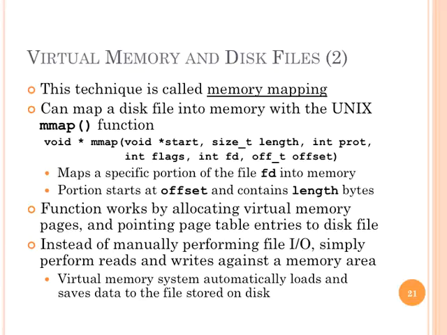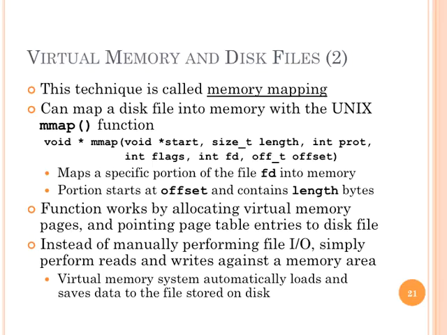When I want to read parts of the file, I just do a memory access. The virtual memory system automatically loads that data into memory, and I can just access it. And if I want to change something, I just write to those pages. The virtual memory system marks the pages as dirty, and eventually it will save that back to the file. It turns out to be an incredibly efficient way of doing I/O.